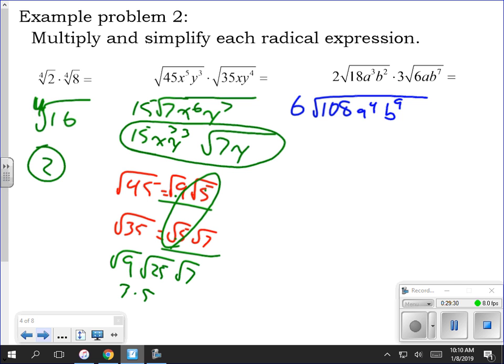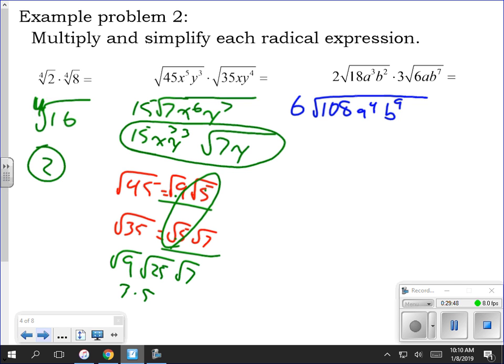Okay. Now I can start simplifying. And part of the reason I did this is 108 is a whole lot easier to deal with than 1575 that I would have gotten with the 45 and the 35. It's easier to work with. So I look at 108.